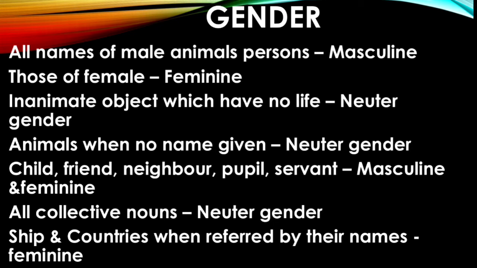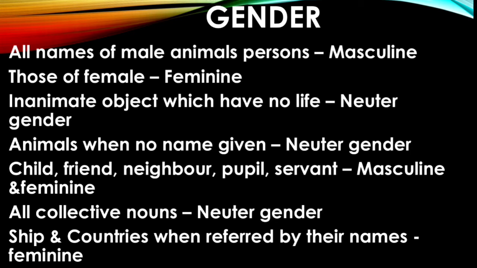Pronouns are words used instead of nouns, and its various forms. Some words like child, friend, neighbor, pupil and servant can be used both as masculine and feminine. That is why, okay, remember these words. They are of the common gender.